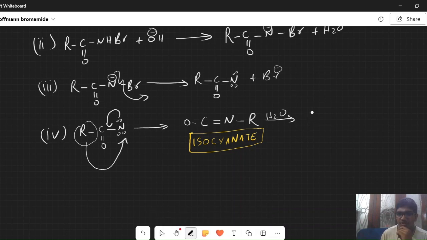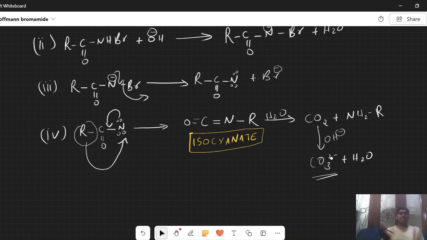So it will form CO2 plus NH2R, that is RNH2, amine is formed, primary amine, and again CO2 formed in basic medium will give CO3 2 minus plus H2. This is from where K2CO3 forms.